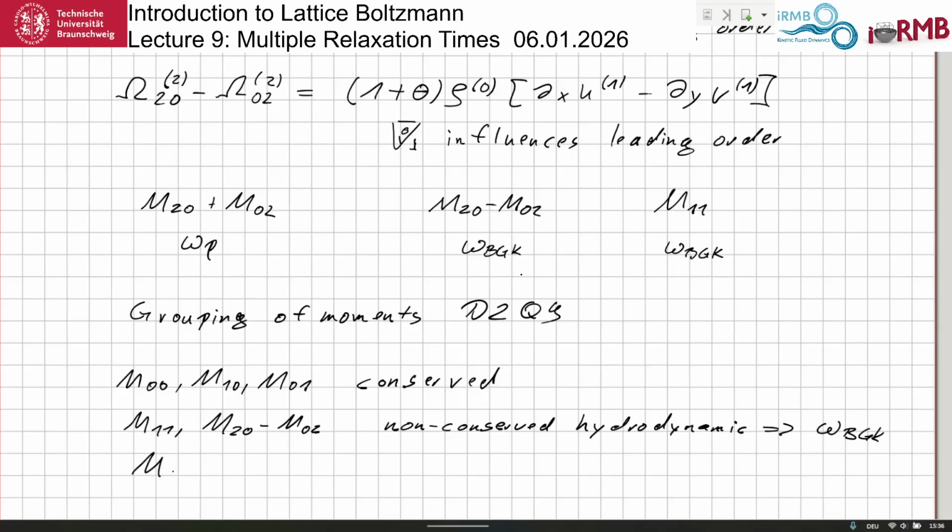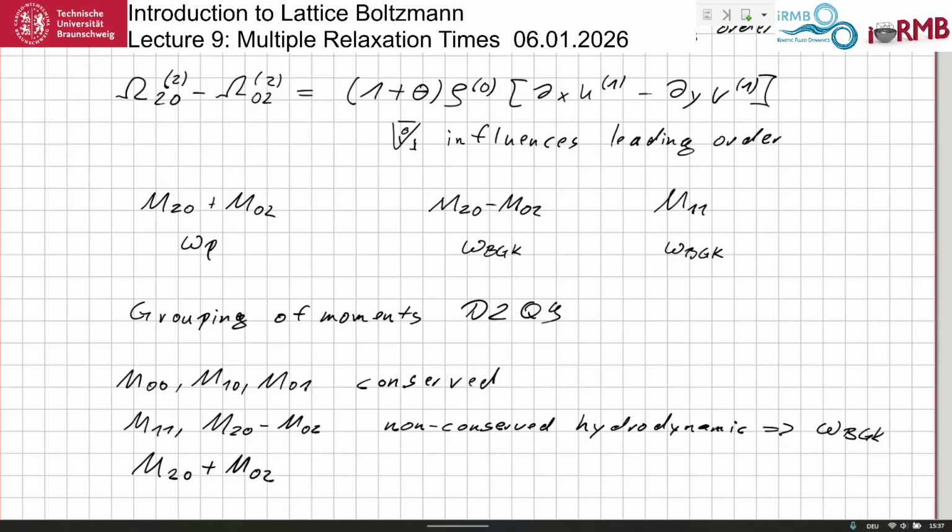Then we have this M20 plus M02. Yeah, we have identified this as being the pressure. Actually it's the total pressure, including dynamic pressure and the part that is not, what is total pressure minus dynamic pressure? What is the other one called?